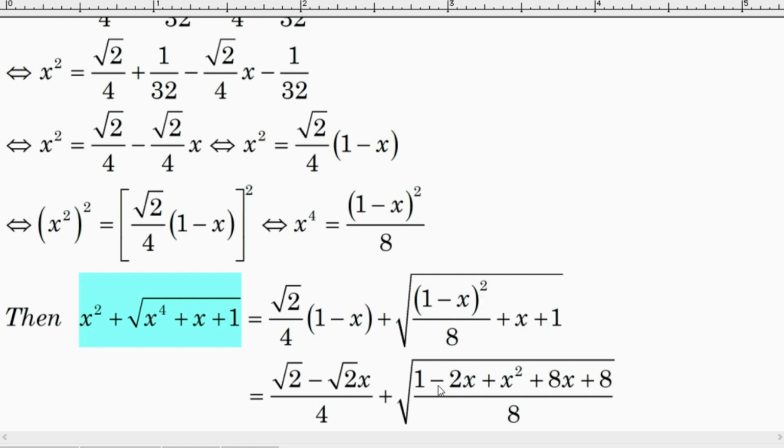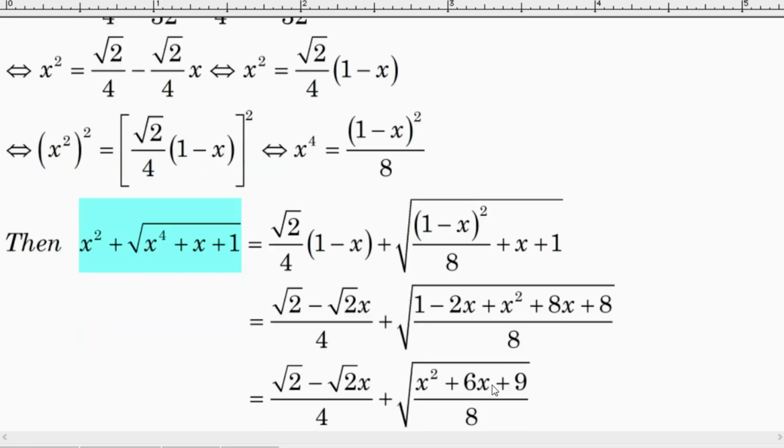So that will be 1 minus 2x plus x squared, and then I will put the same denominator so that we have to multiply this with 8. That will be 8x and then plus 8, all divided by 8.